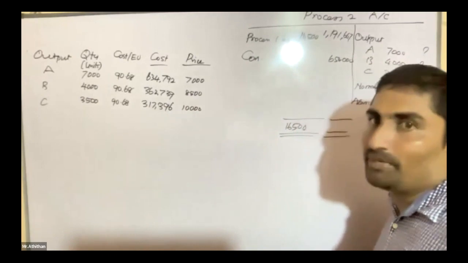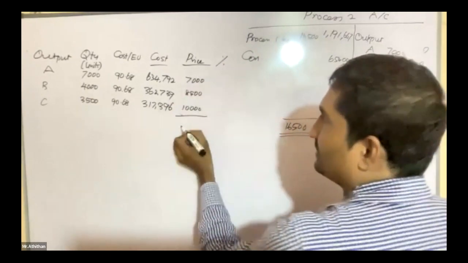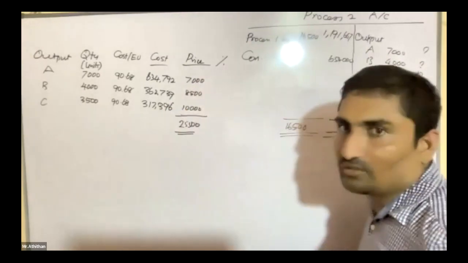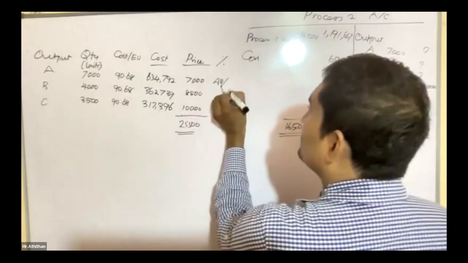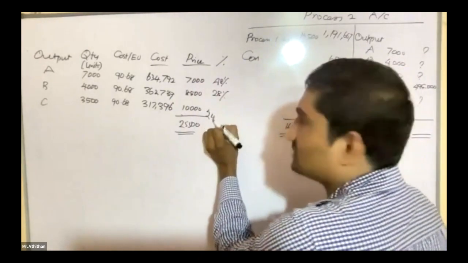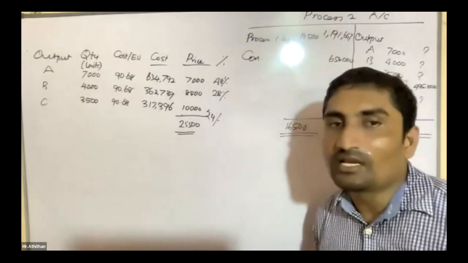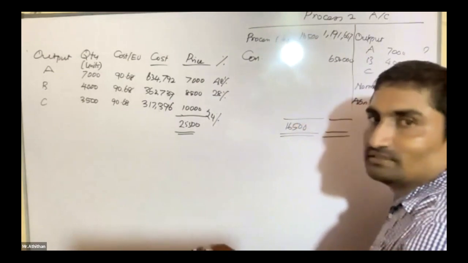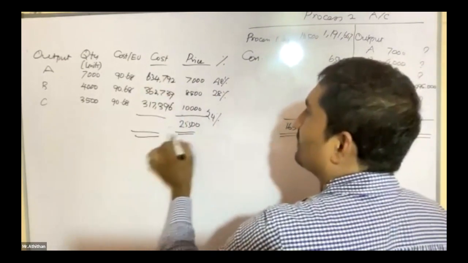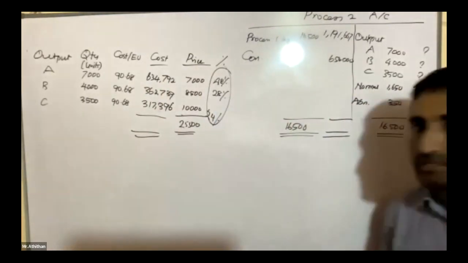So the percentage of this is 25,500 over 7,000, 48%, 28%, and 24%. So the cost allocation, cost we are going to allocate this way, right? Based on the weightage.